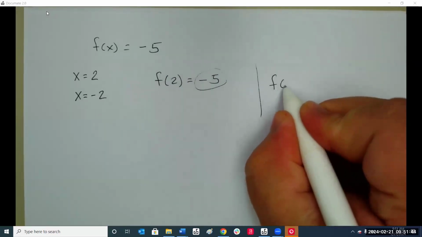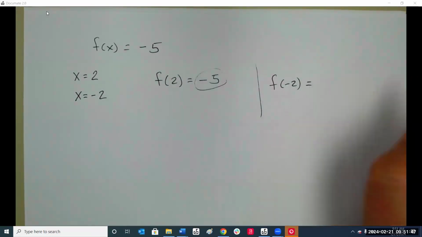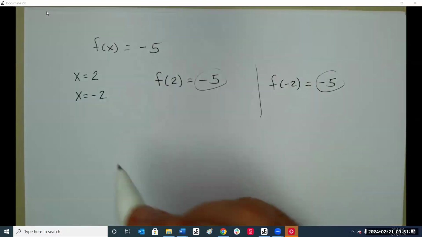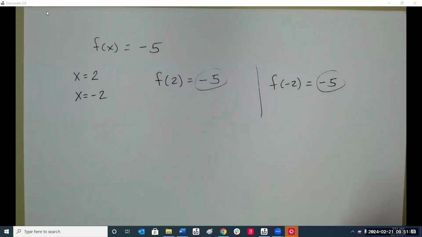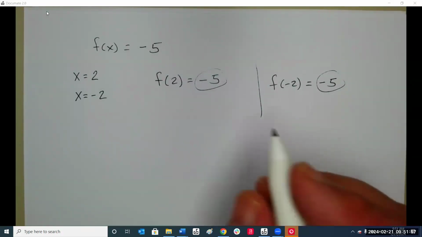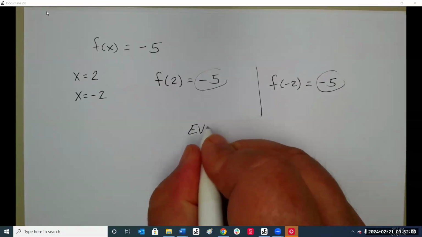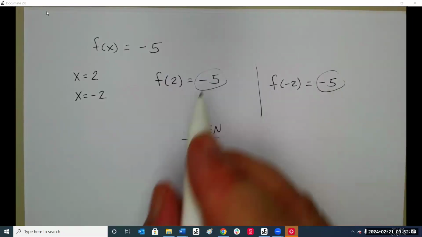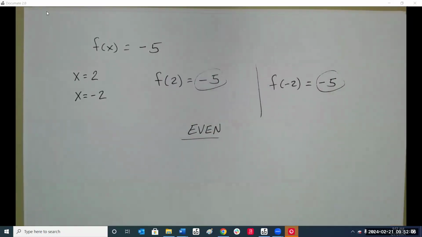At negative 2, what is it equal? It's a constant term. So is it odd, even, or neither? Even, because the y values keep the same value.